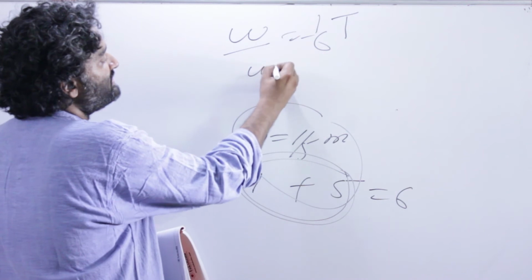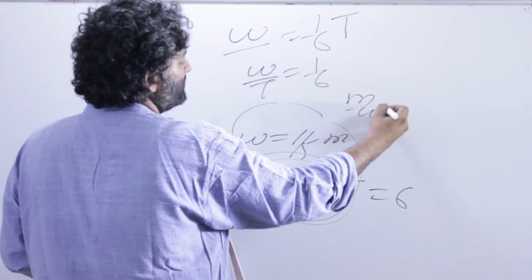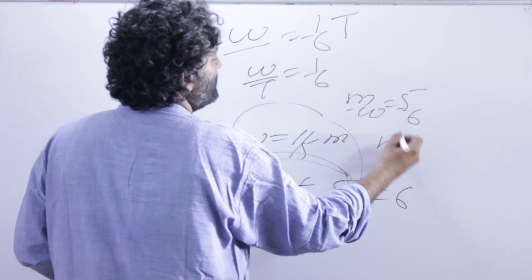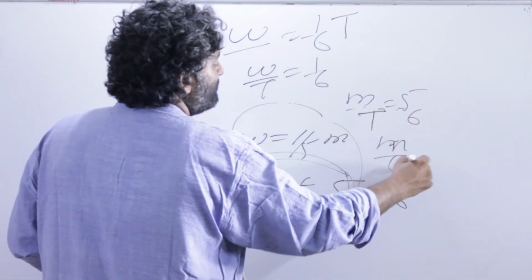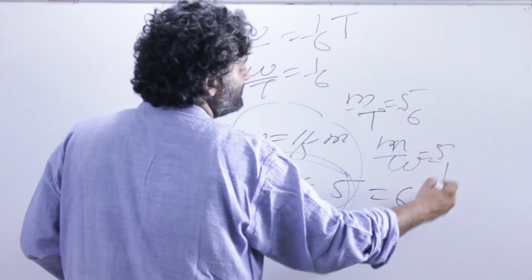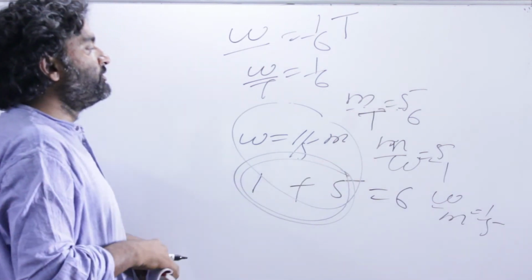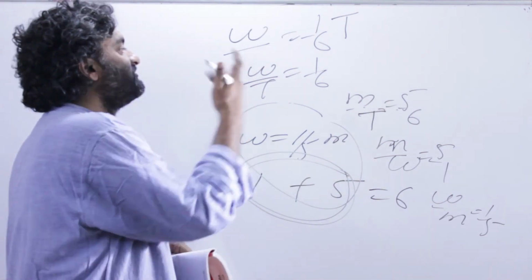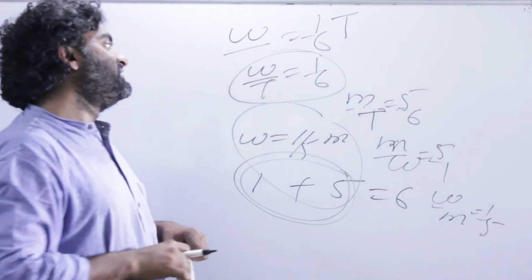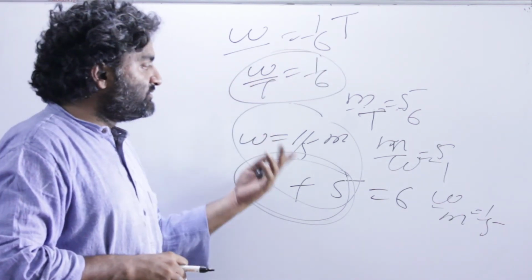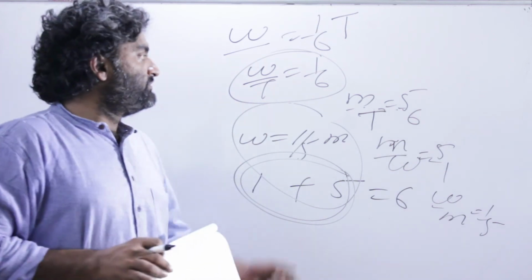So if you look at all the relationships, water by total is 1 by 6, milk by total would be 5 by 6, milk by water would be 5 by 1, or water by milk would be 1 by 5, whatever way you want to look at it. So all percentage information, we're repeating the point over and over again, all percentage information is hidden in the ratio form. Rest is just the question of between what two numbers you want the relationship. Yeah, I hope that made sense.